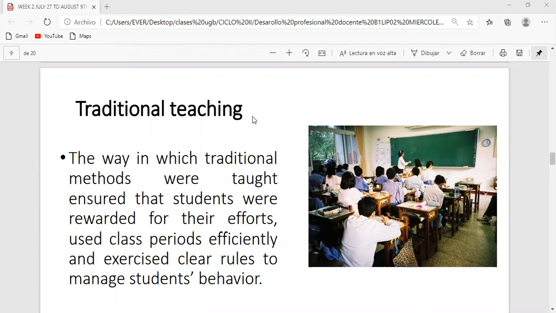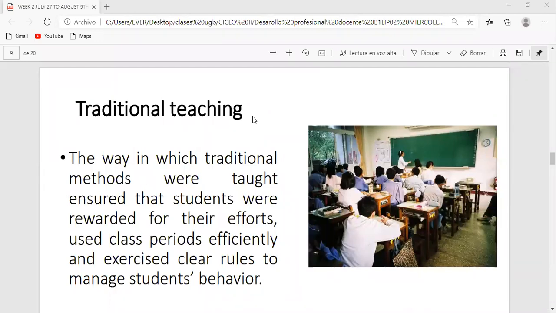So, the way in which traditional methods were taught ensured that students were rewarded for their effort. Now, use class periods efficiently and exercise clear rules to manage the students' behavior. In those times, teachers were kind of rude with misbehavior problems.